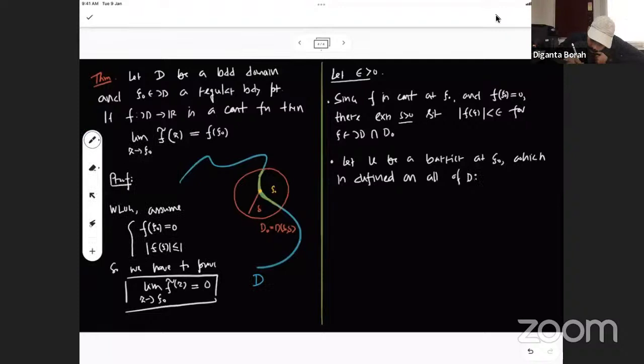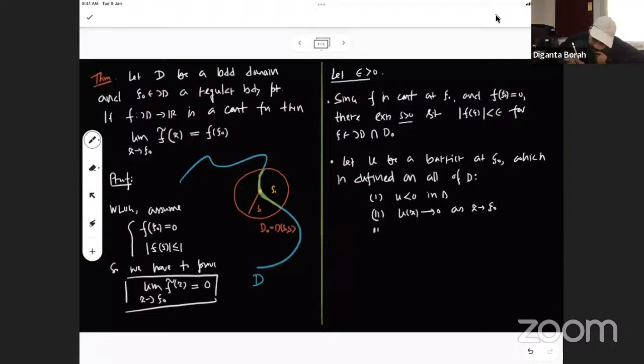The properties of u: first of all, it is negative in D, and u of z converges to 0 as z goes to zeta naught.